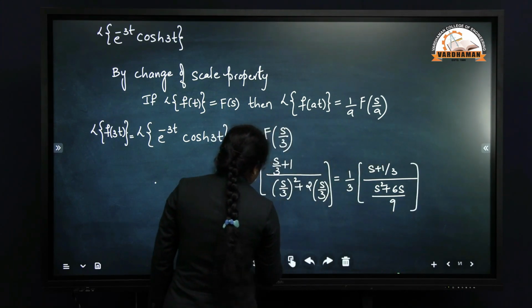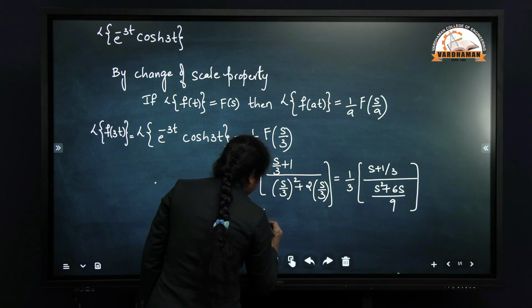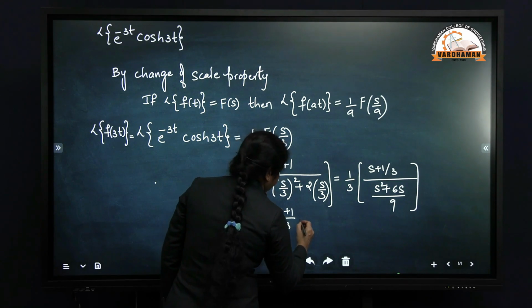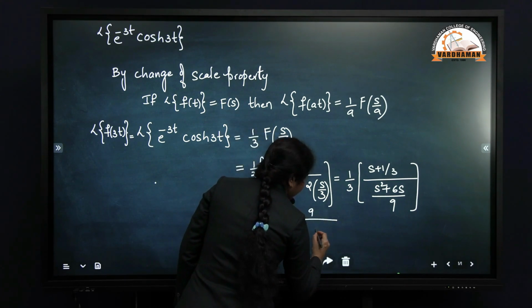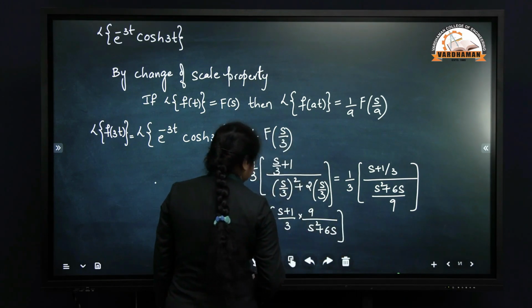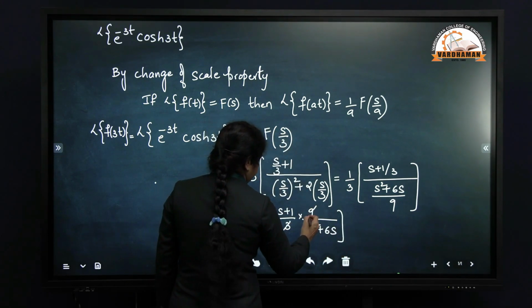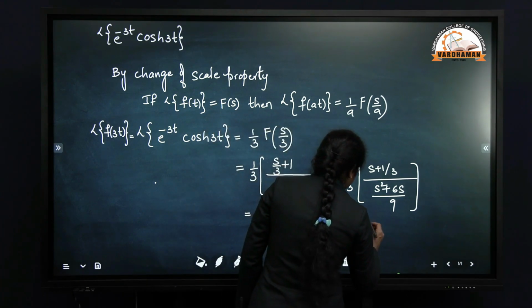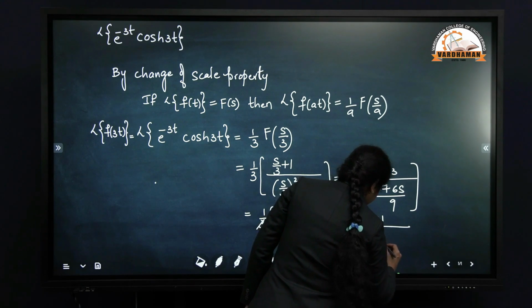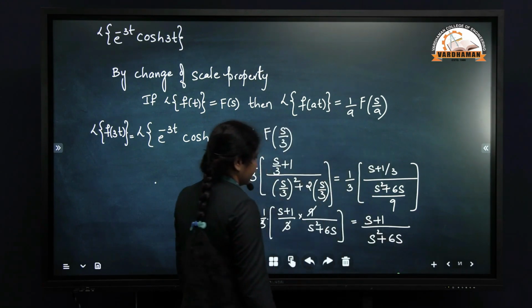So this is equals to 1 by 3 into s plus 1 by 3 into 9 by s square plus 6s. After cancellation we get the result as s plus 1 by s square plus 6s.